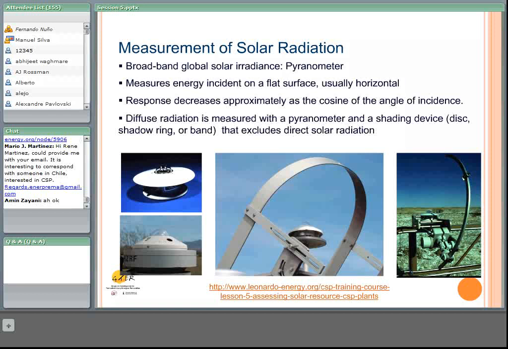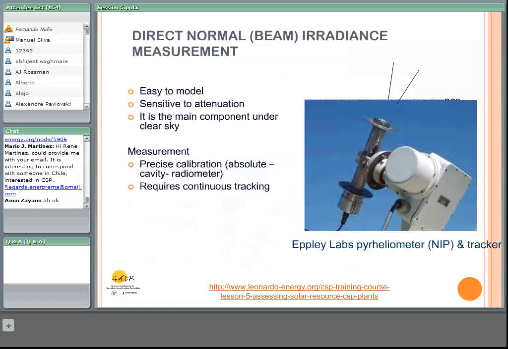You should clean it, as any other device, and we will talk about it a little bit later, from time to time. But in principle, there are no moving parts, and that makes the measurement simpler. Also, the devices to measure global radiation are normally cheaper than those to measure direct radiation.